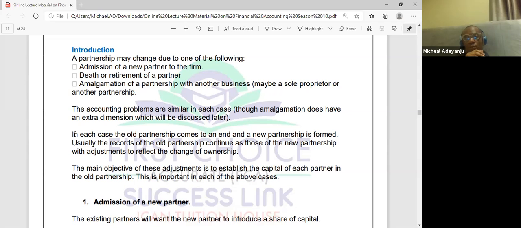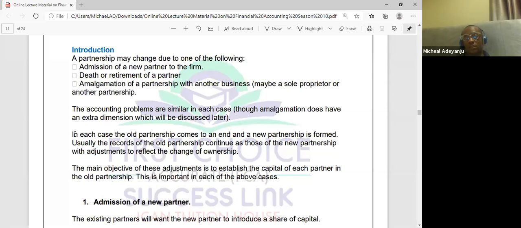Usually, the records of the old partnership continue as those of the new partnership, with adjustments to reflect the change of ownership. The main objective of this adjustment is to establish the capital of each partner in the old partnership.